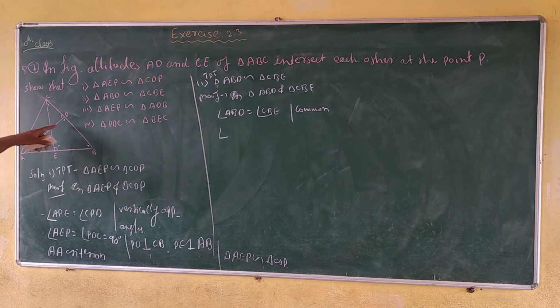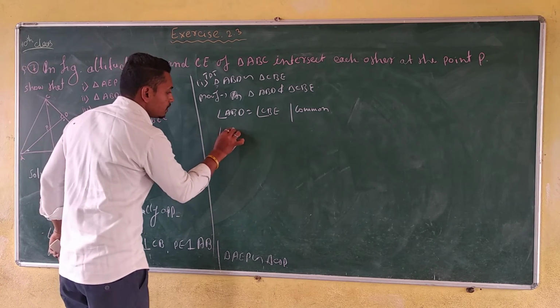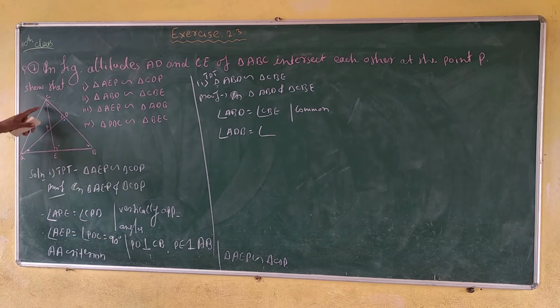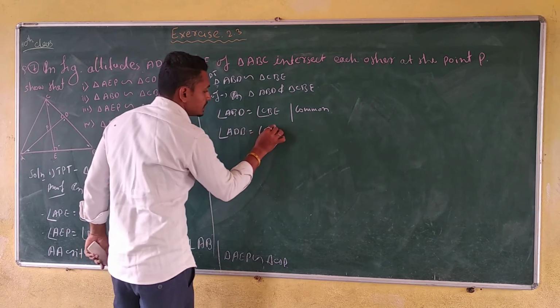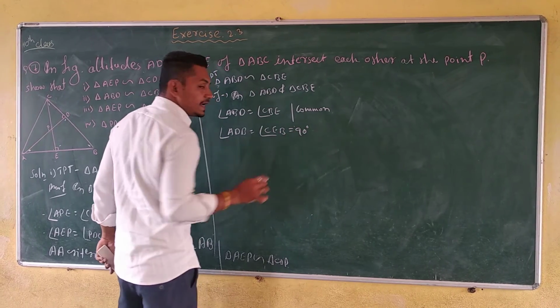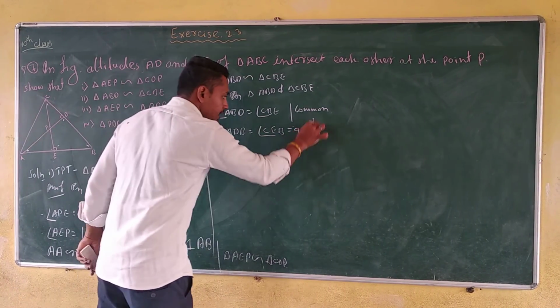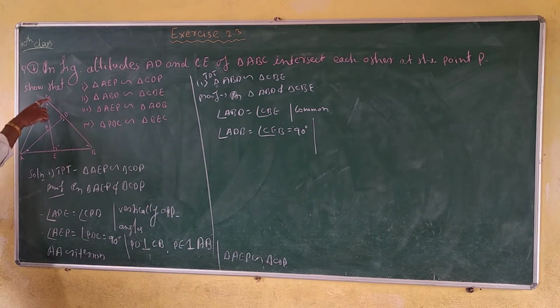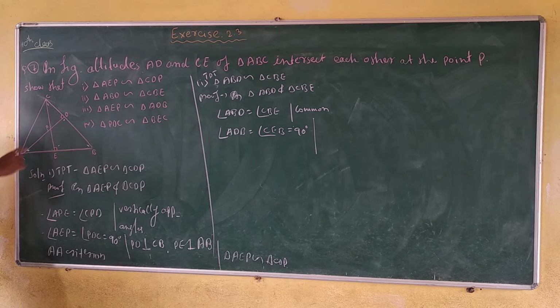So angle ADB is equal to angle CEB. Angle CEB is equal to 90 degrees. Why 90 degrees? Because the reason here: CE is perpendicular to AB and AD is perpendicular to CB.